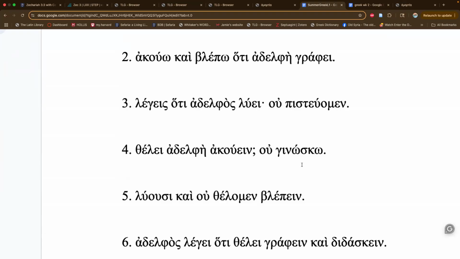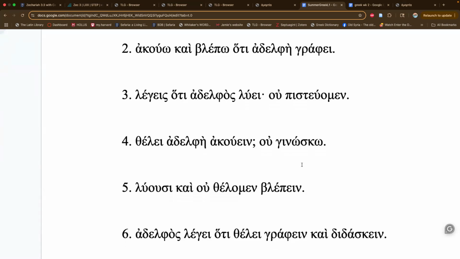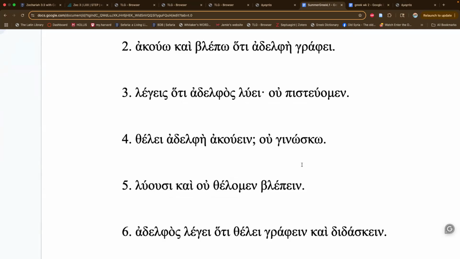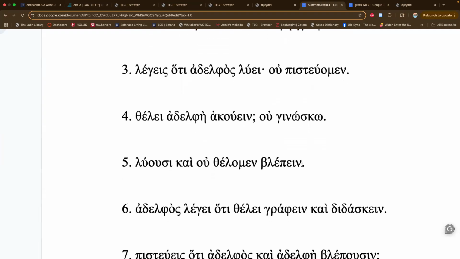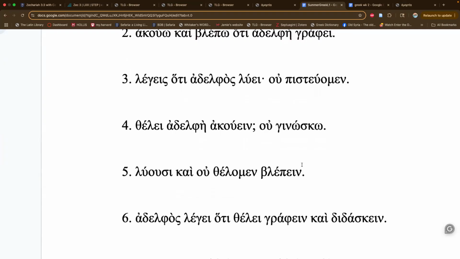So the sister wishes, and then akuein. Akuo is I hear, and then instead of our personal endings, we have ein, which is just the infinitive. So adelphe thele akuein, the sister wishes to hear. Does that part make sense? And if not, that's okay.